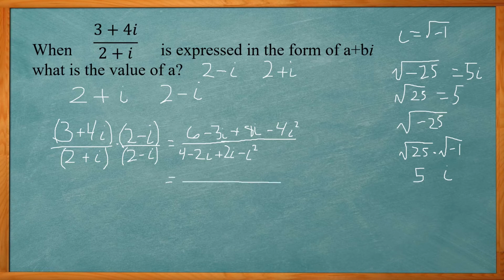Now on the bottom we got 4 minus 2i plus 2i minus i squared. So the minus 2i plus 2i adds up to 0, so that goes away. So I'm left with 4 minus i squared. On the top, I have 6, negative 3i plus 8i gives you positive 5i, and then minus 4i squared.